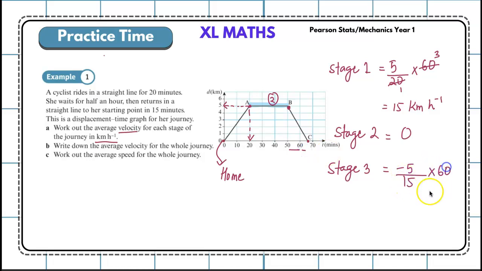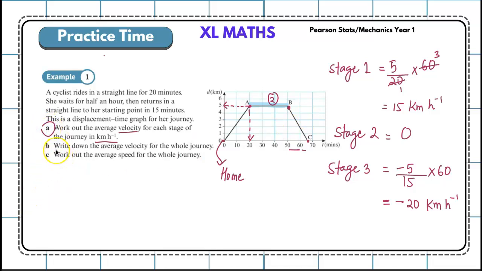Times it by 60. Why are we multiplying by 60 every time? To change the unit to kilometers per hour. So that would be minus 20 kilometers per hour. So this is what we get from all these three stages, and we get our A part done.